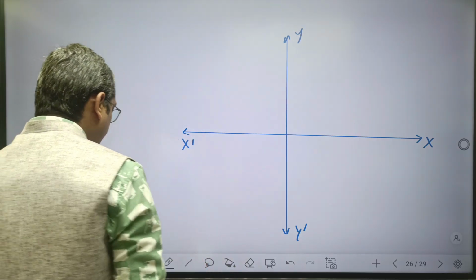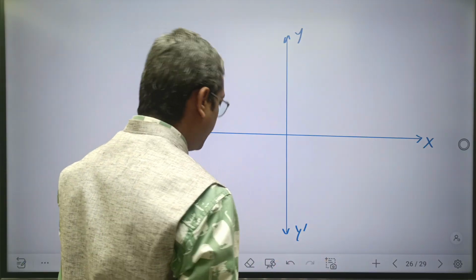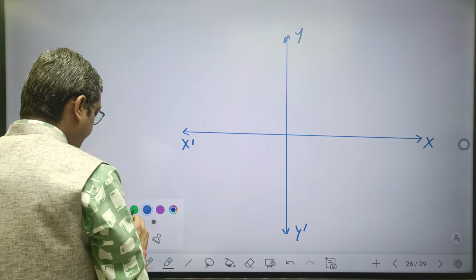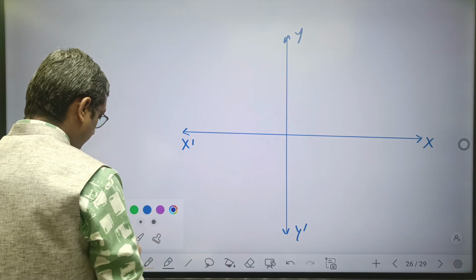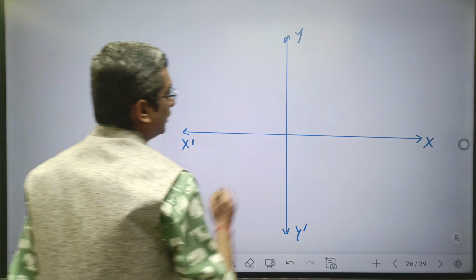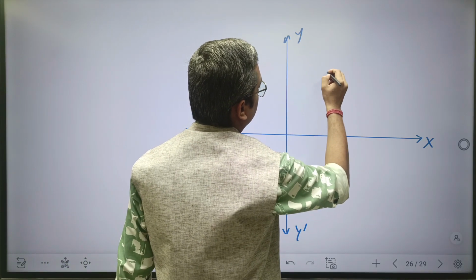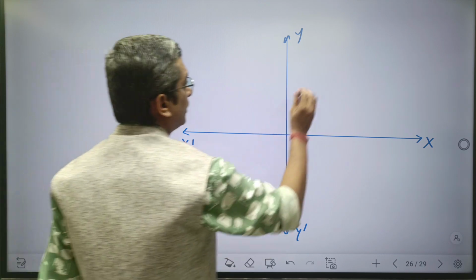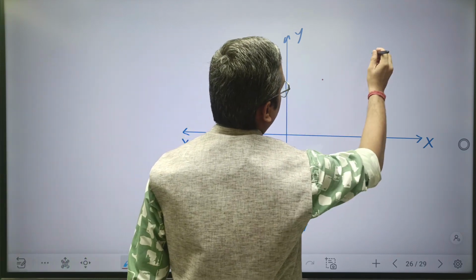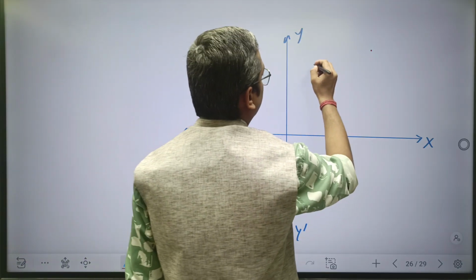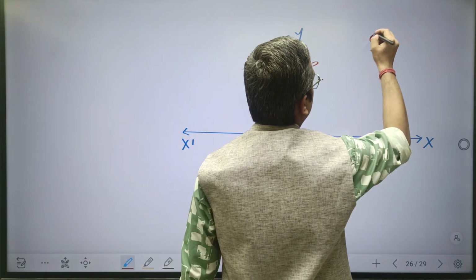Now suppose we take two coordinates, point P and point Q. Let us suppose this is point P, and this is point Q.